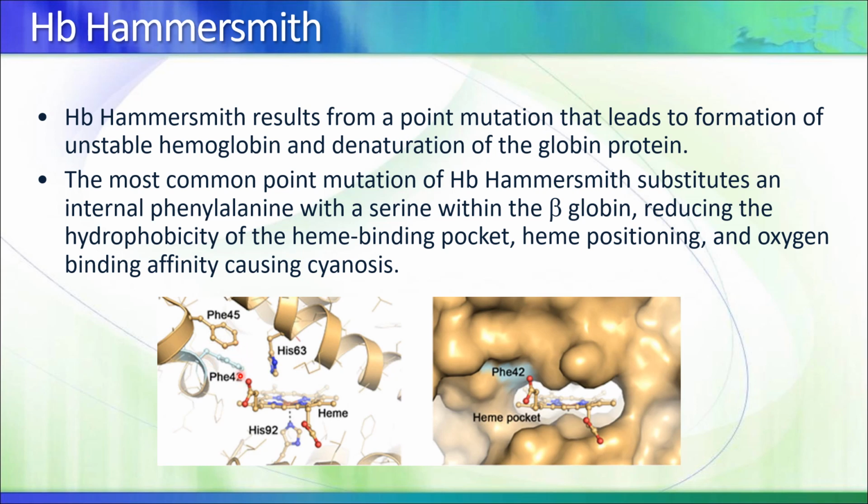Now, if this phenylalanine changes to serine, that would cause destabilization of the interaction between heme and the hemoglobin molecule.